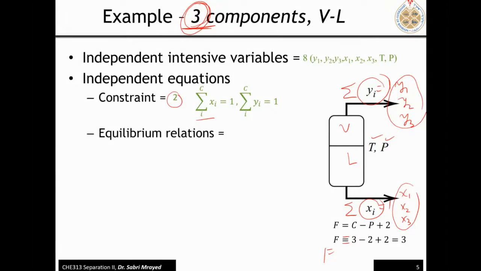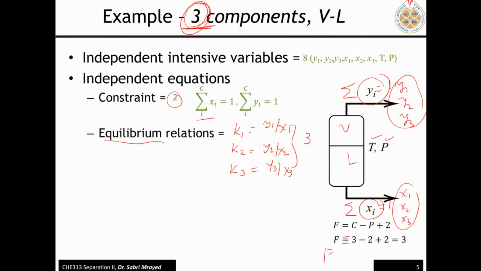How many equations can we form? The K equations: 3, because we have 3 components. We have K1 equals Y1 over X1, K2 equals Y2 over X2, K3 equals Y3 over X3. So we have 3.